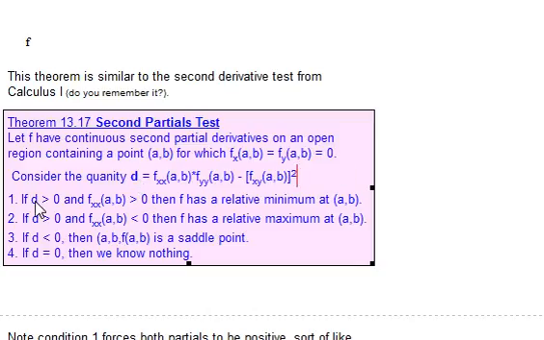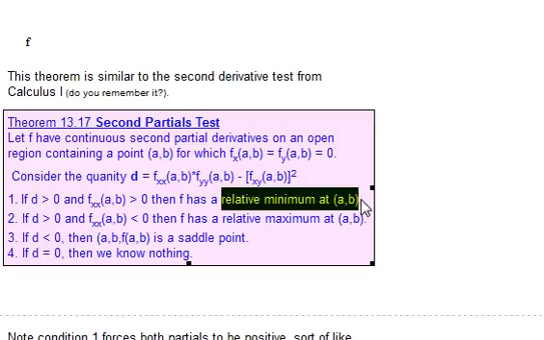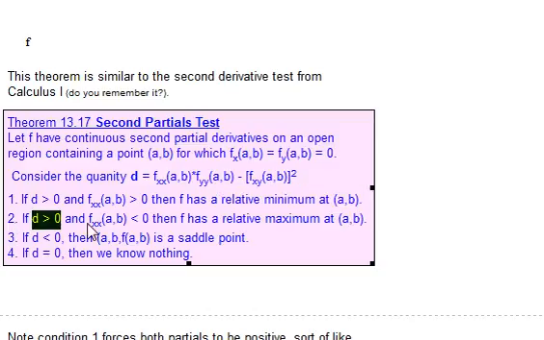If d is a positive number, and the second partial with respect to x is positive, then f has a relative minimum at the point (a, b). If d is positive and the second partial with respect to x is negative, you can think of that as concave down, then f has a relative maximum at (a, b).